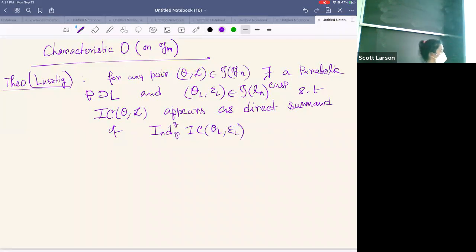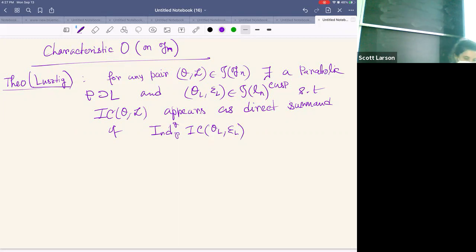So I take a pair in the graded piece of the bigger group, and I can get a cuspidal pair on the smaller Levi, so that the one I pick is being induced from that cuspidal pair on the smaller Levi.